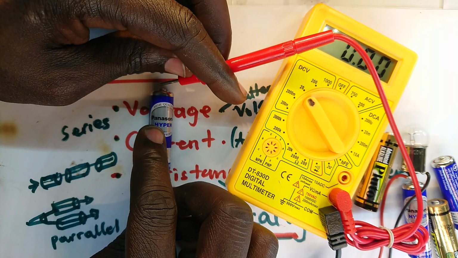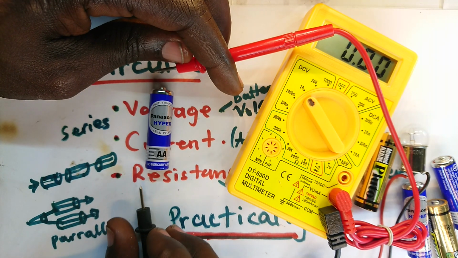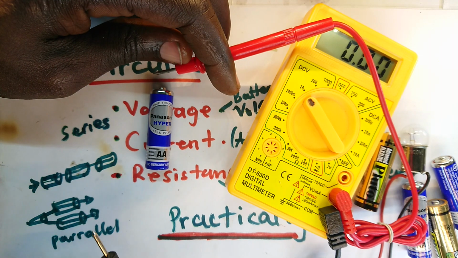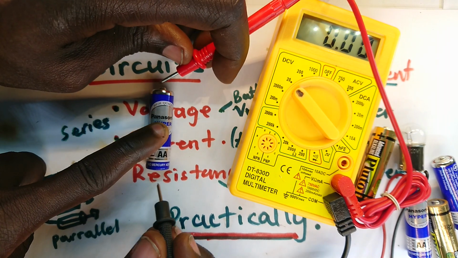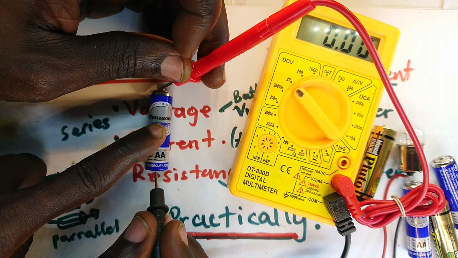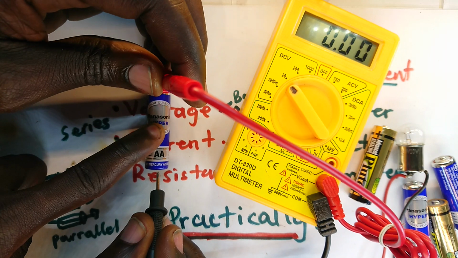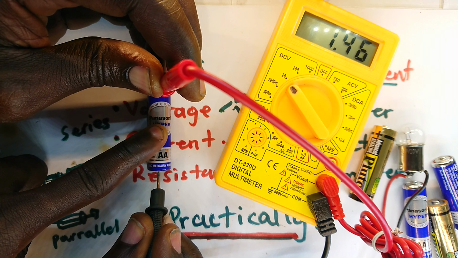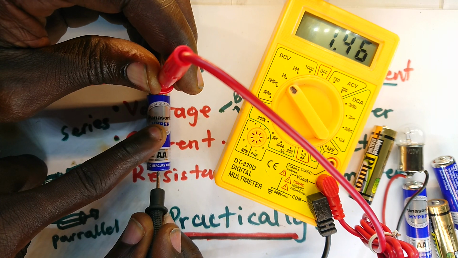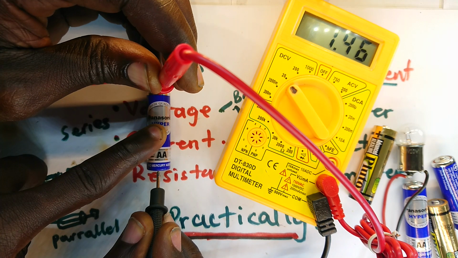So bring this, let me hold that down, it's rolling. We bring this to that terminal and this to that terminal, and you can see that it's reading approximately 1.5 volts that we told you. When you round it off, that is 1.5 volts.